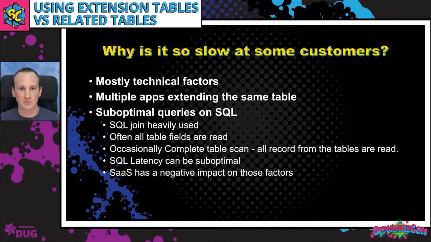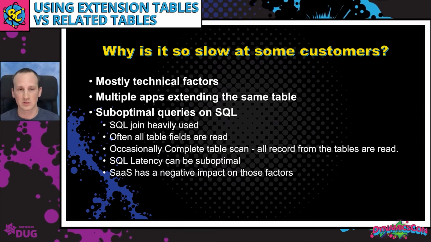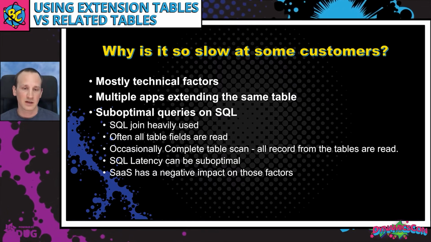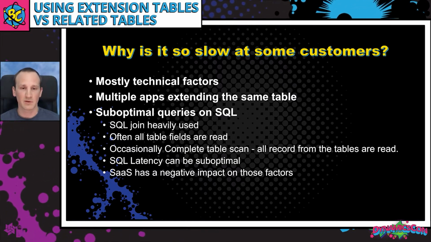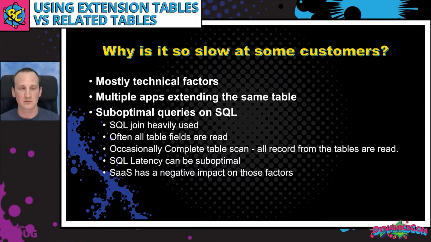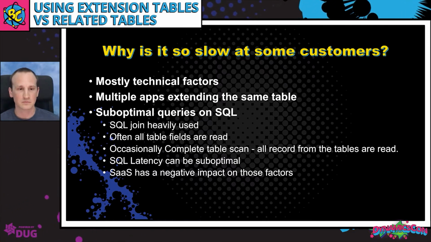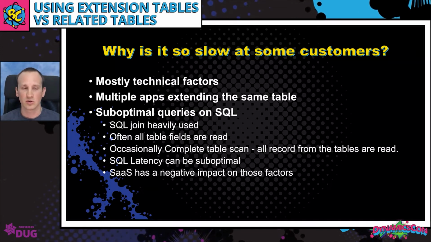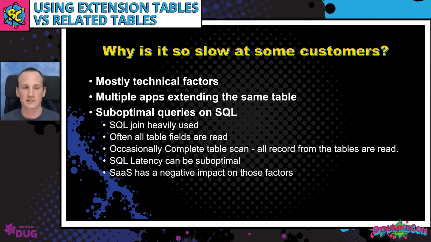What happens in the background when one uses the table extension is that aside from the table in the base app, an additional table is created, and SQL has to join those tables in order to show a single record.